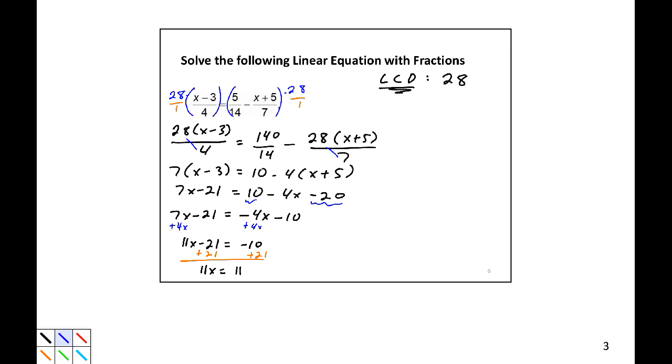And dividing by 11, we see that x equals 1. And I have actually already gone back and checked an answer of x equals 1 into this equation. Again, like I said before, the more complicated the equation gets, the more often you want to actually plug in and check your solutions.